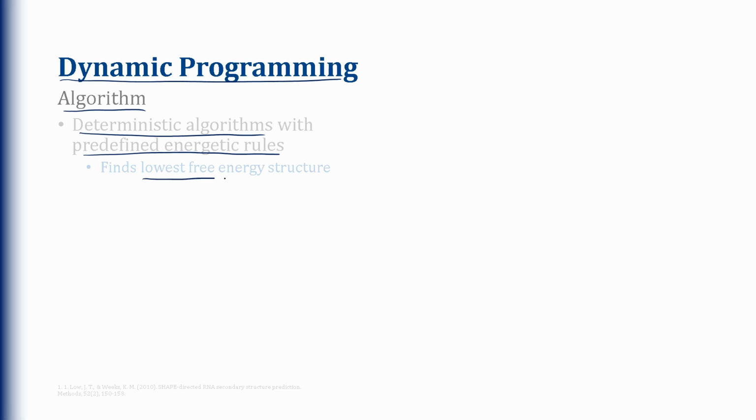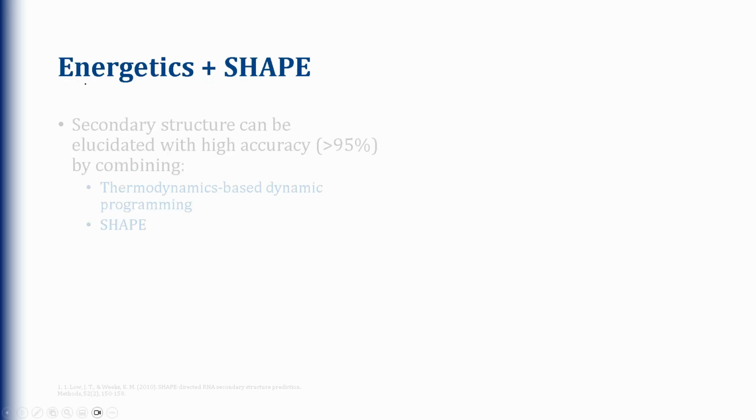It finds the lowest free energy structure, but you have to keep in mind that this alone, without using SHAPE information, would not be very accurate. So the idea is to combine energetics and SHAPE, so the secondary structure can be elucidated with high accuracy, equal to or greater than 95%, by combining the thermodynamics-based dynamic programming that I mentioned earlier and SHAPE. And so you can combine those to get a very accurate potential RNA secondary structure.